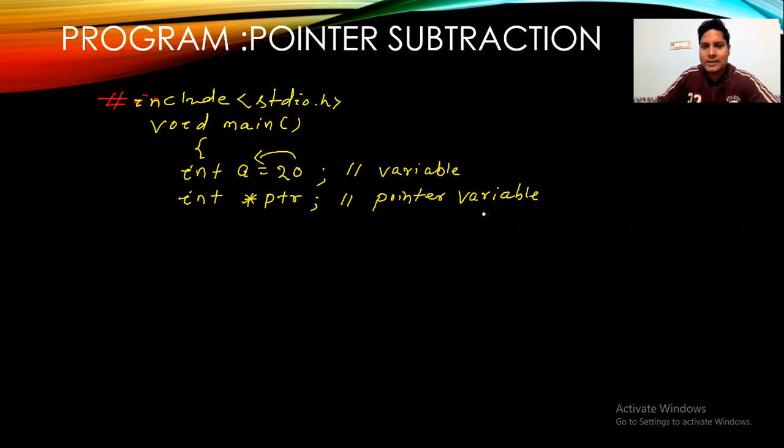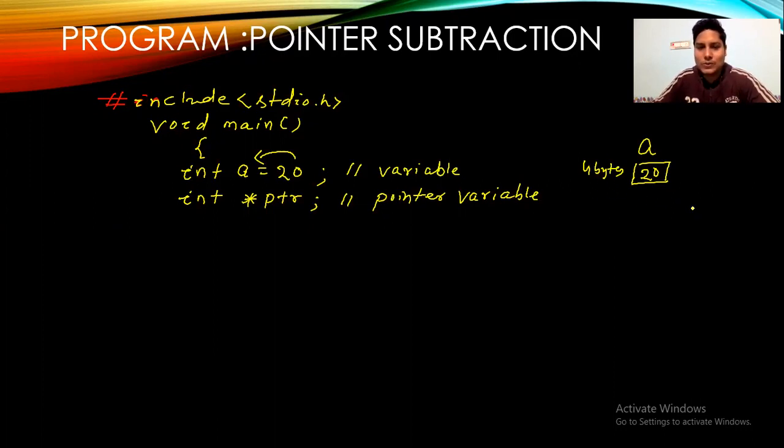Inside the memory, a will store 20 and it will reserve 4 bytes. Why 4 bytes? Because an integer reserves 4 bytes, and sometimes it reserves 2 bytes also. In my system, it will show 4 bytes.